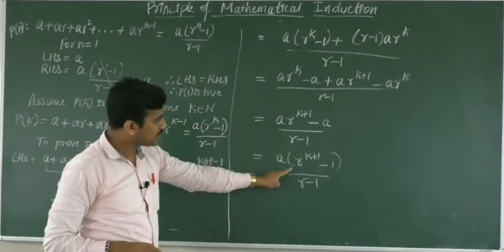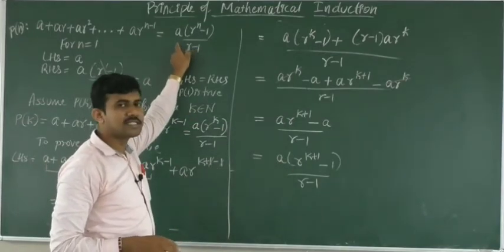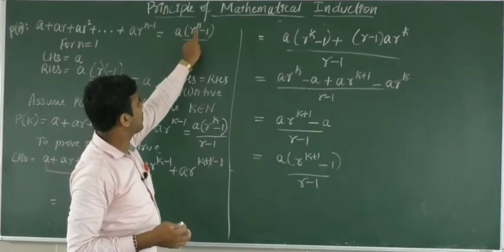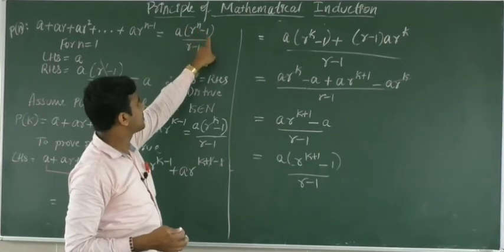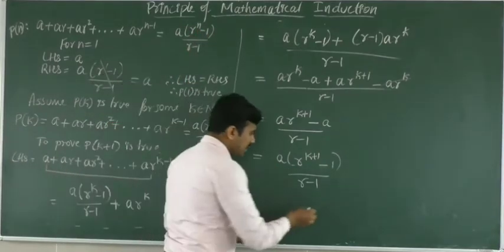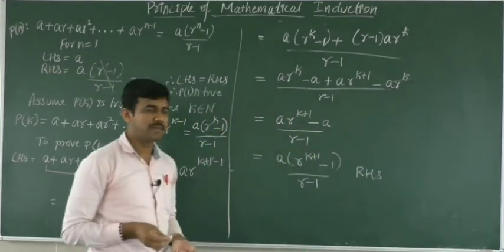Now check whether this is the RHS of the given statement when n is replaced as k plus 1. You can check it here: a into r to the power k plus 1 minus 1 divided by r minus 1. Same you got here. So we can say this is the right hand side of P of k plus 1.